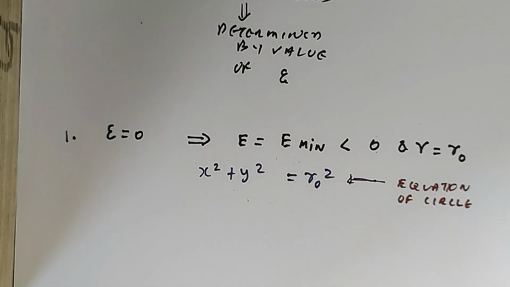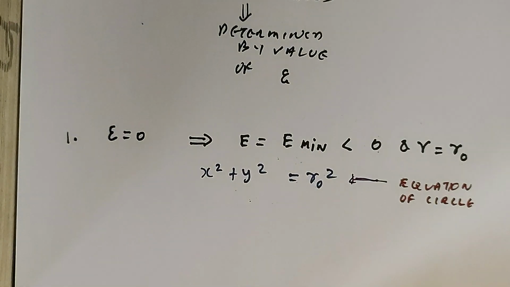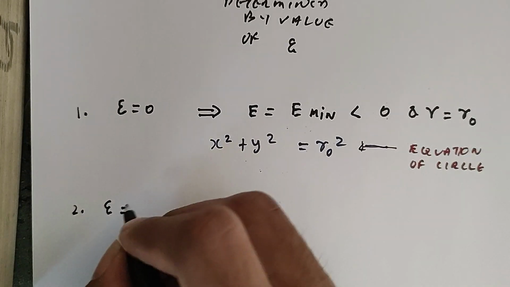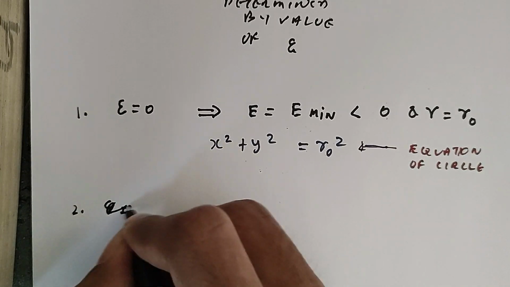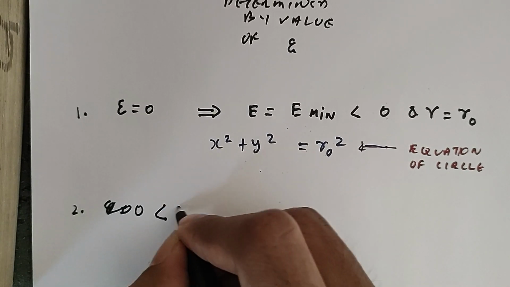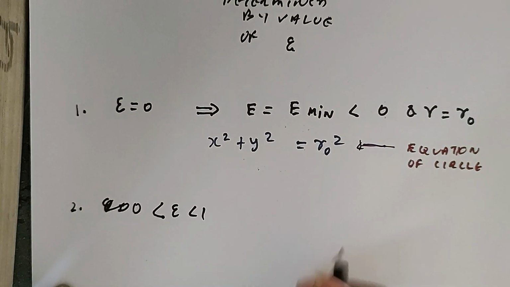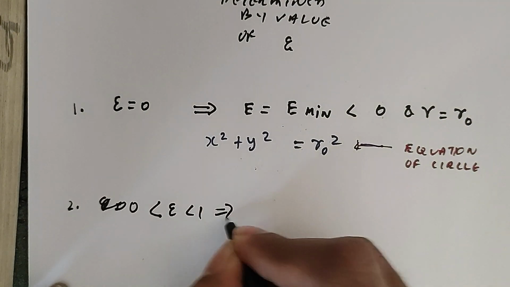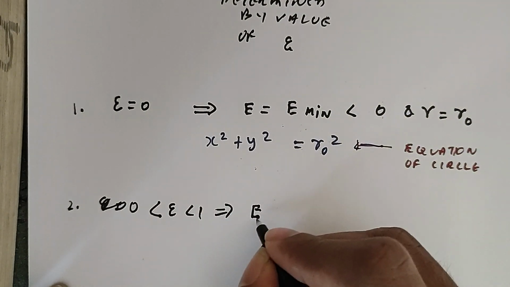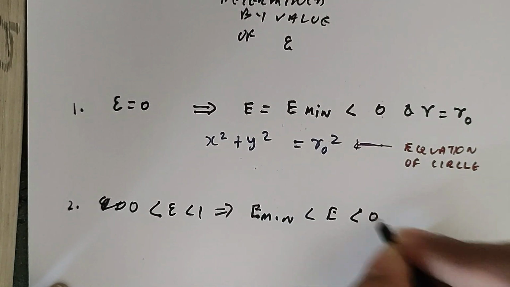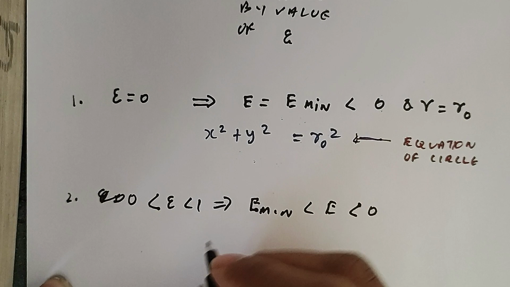Right? Now let's do the second case, when epsilon is between 0 and 1. At such times my energy will be between the minimum energy and 0.